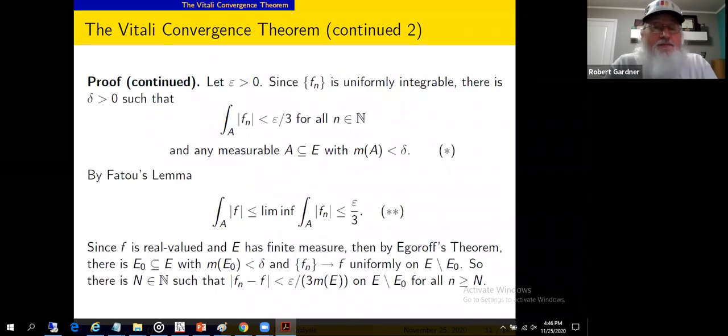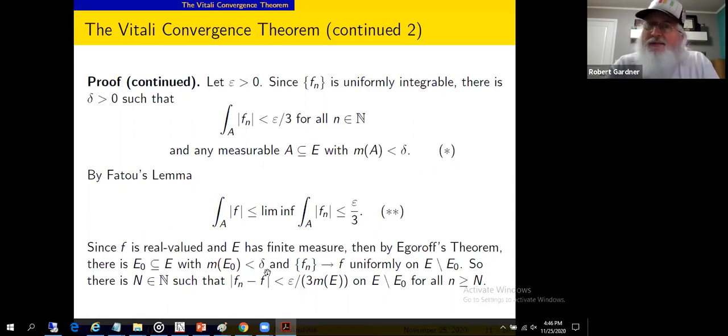Well, f is real valued, set E has finite measure. Okay, we're going to use something else that requires finite measure. Egoroff's theorem, remember Egoroff's theorem, says real valued functions on sets of finite measure. Pointwise convergence is nearly uniform convergence, to paraphrase Egoroff's theorem. That is, there's a set E sub 0, a subset of set E. We can make its measure as small as you like.